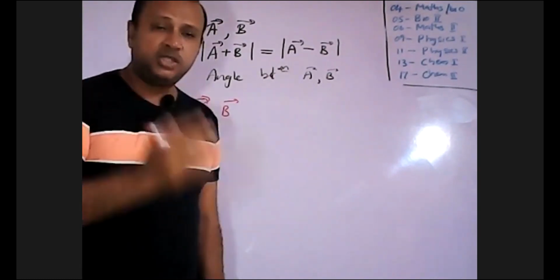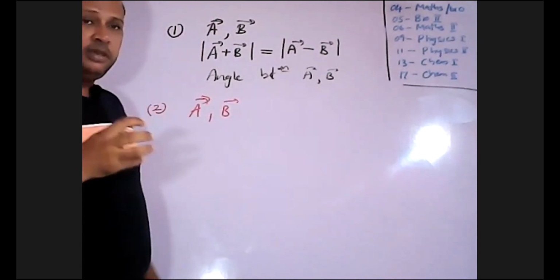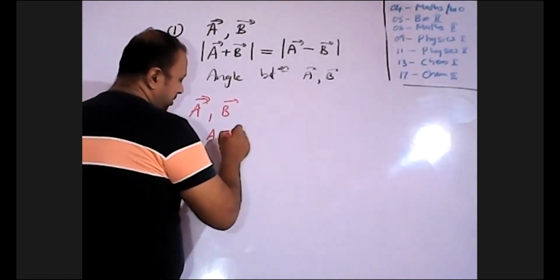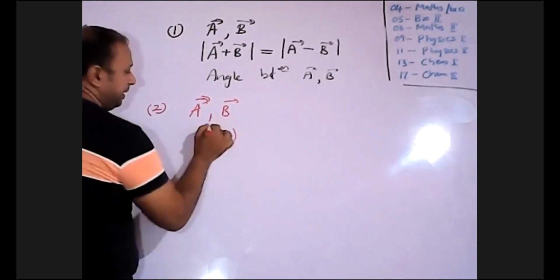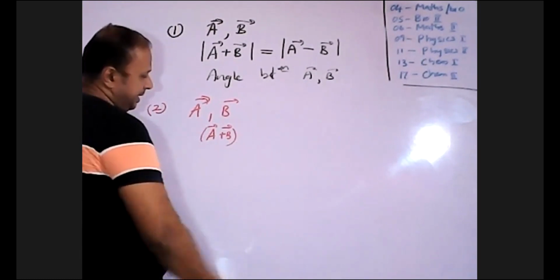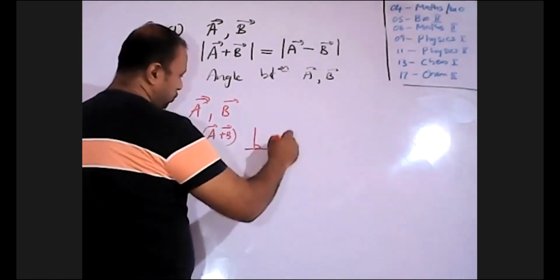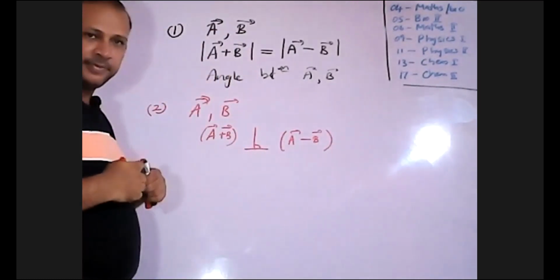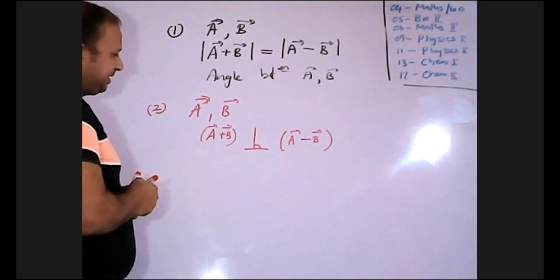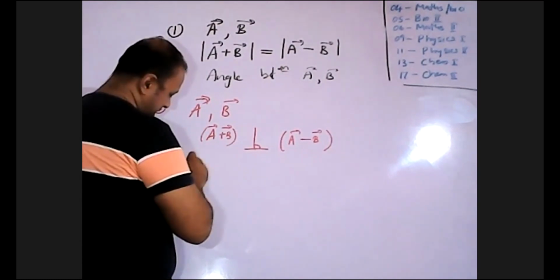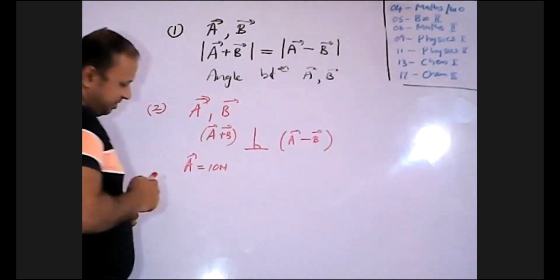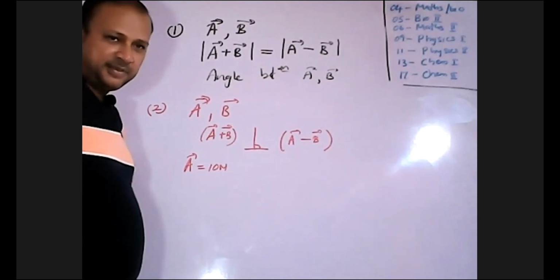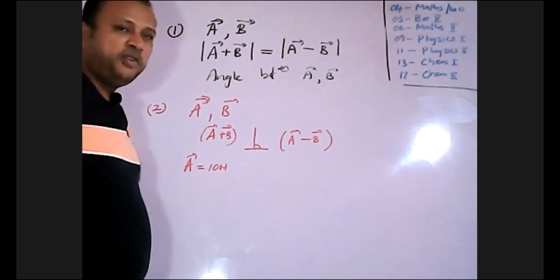If A vector plus B vector is perpendicular to A vector minus B vector, and A vector is equal to 10 Newton, what is the value of B vector? What is the magnitude of B vector?